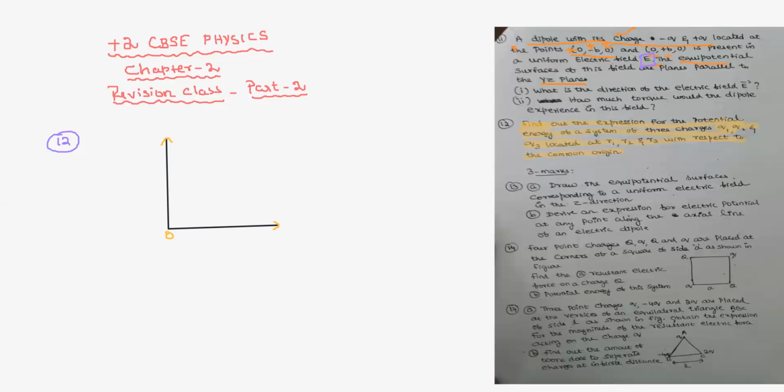We have one charge here, this charge is q1, and then one more charge at this point, this is q2, and then one more charge at this point, this is q3. Initially I'm keeping only this charge q1, which is at position r1, and now I'm keeping this second charge at position r2 from the origin.